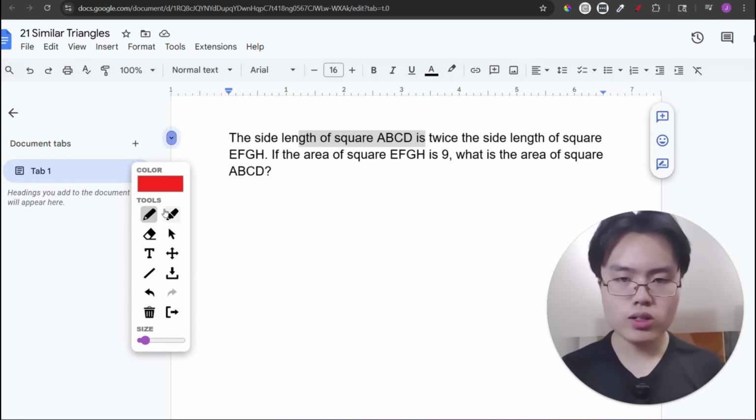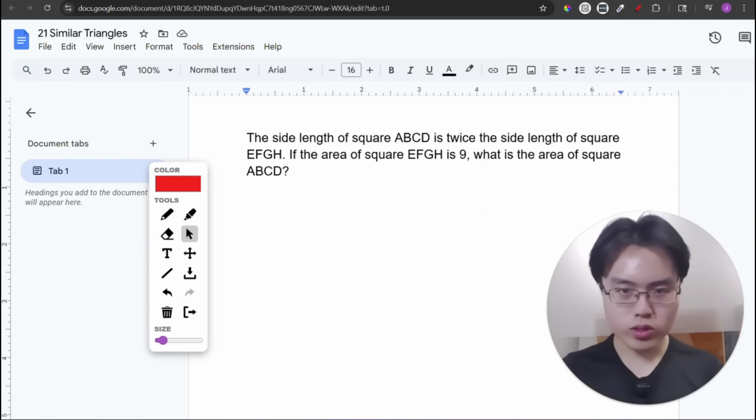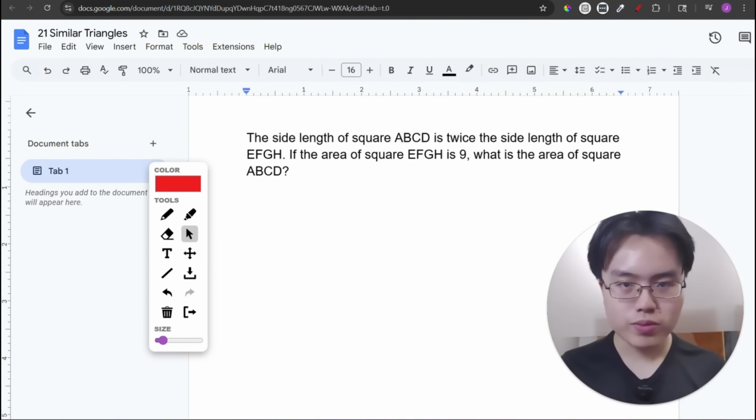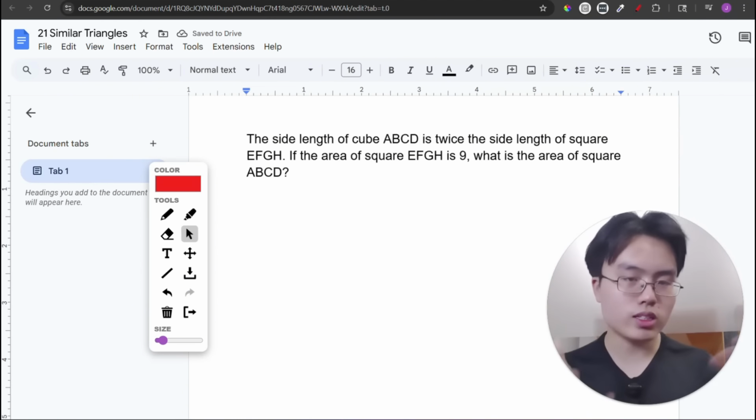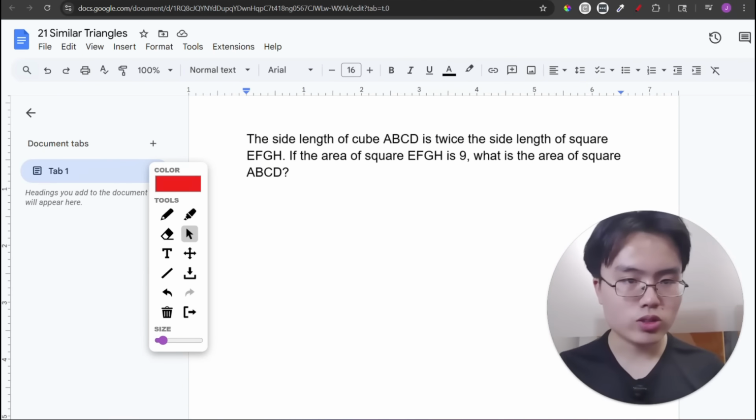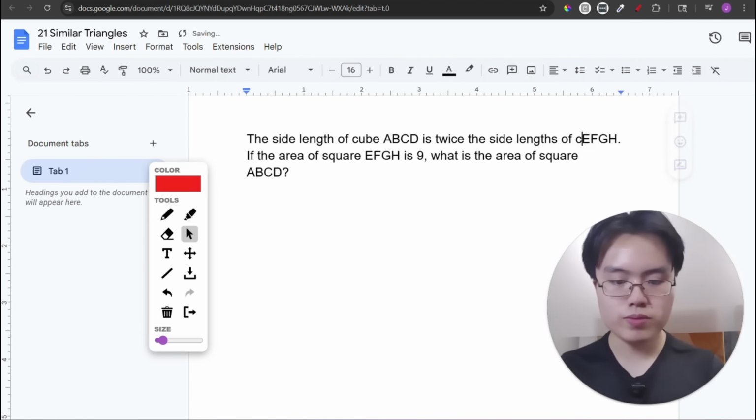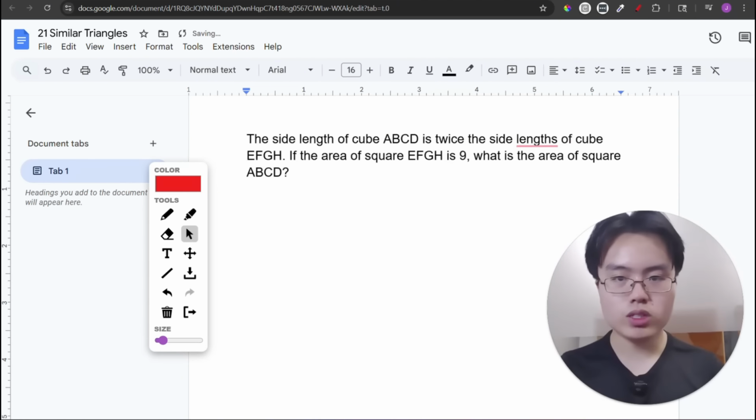Now let's do a harder question. Okay, I'm going to make this question a lot harder. Now instead of the side length of square ABCD, let's do the side length of a cube. I'm going to keep it ABCD, but you get the idea. It's like a cube, right? It's twice the side length of cube EFGH, okay?